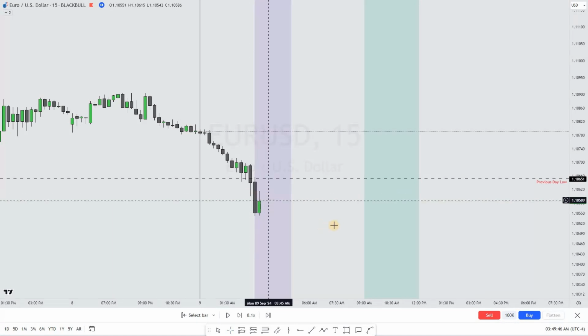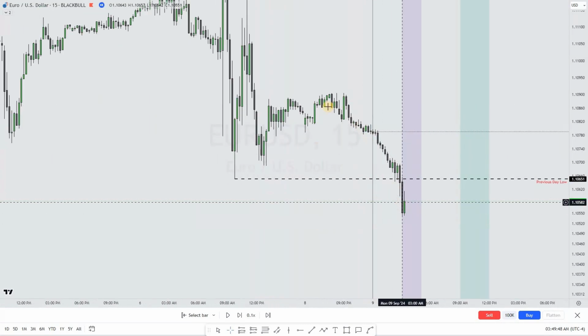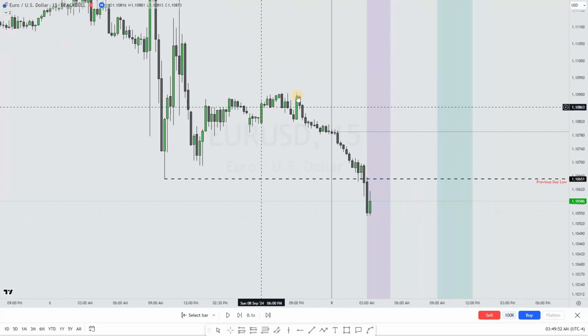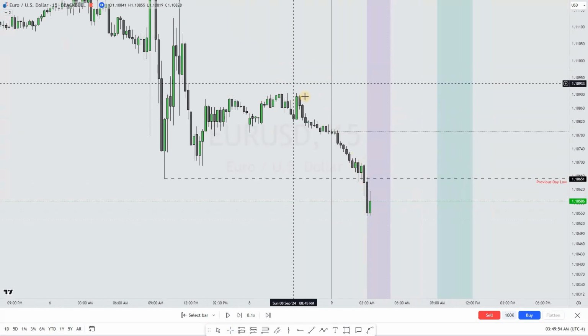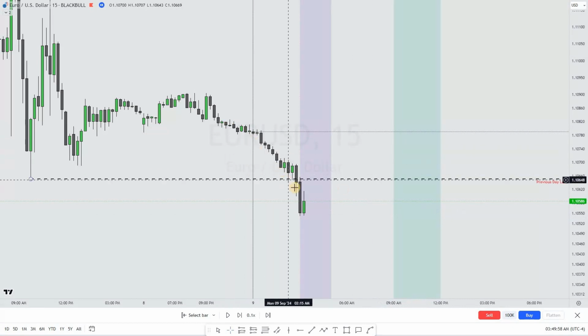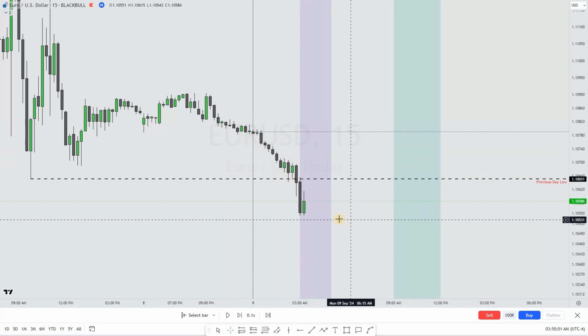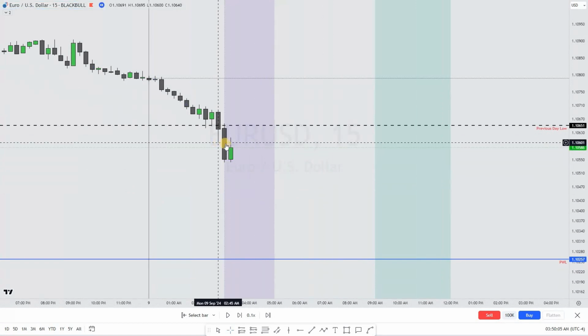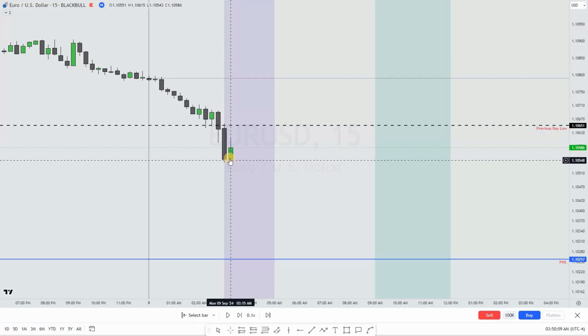I was expecting to see a continuation because of this move over here. Because if you're going to change structure for me, change of structure is up here as of now. So my anticipation here was to see a continuation. Now, for me to see a continuation, I prefer to see a fair value gap forming between the low of this candle and the high of this candle.